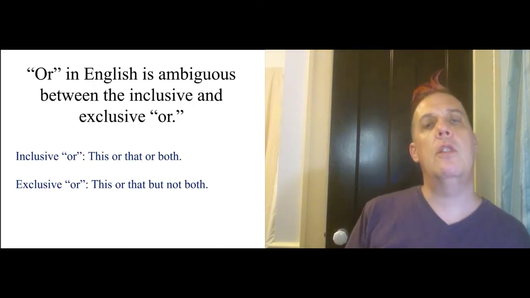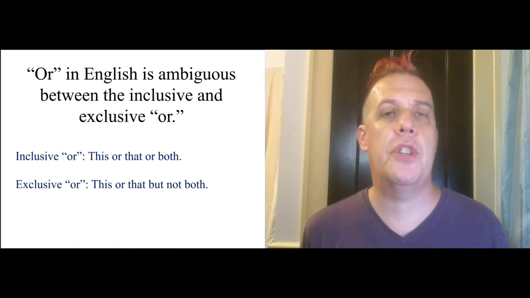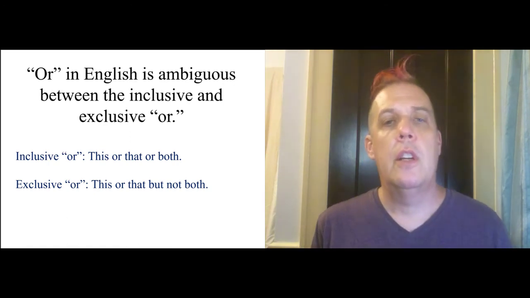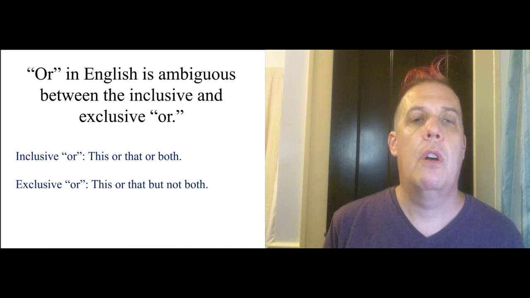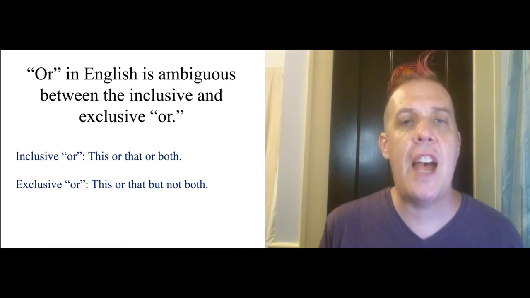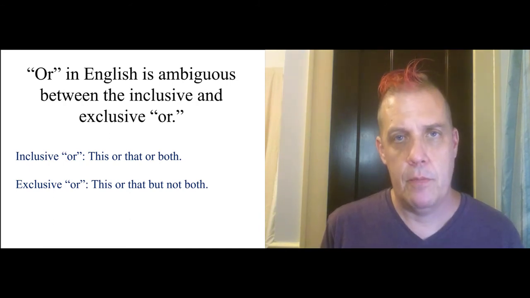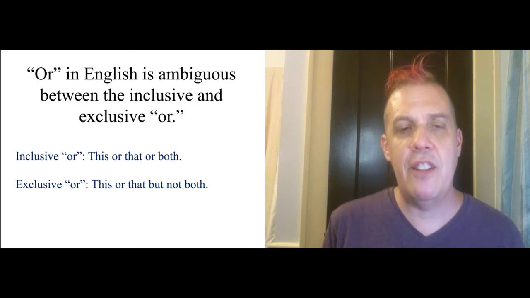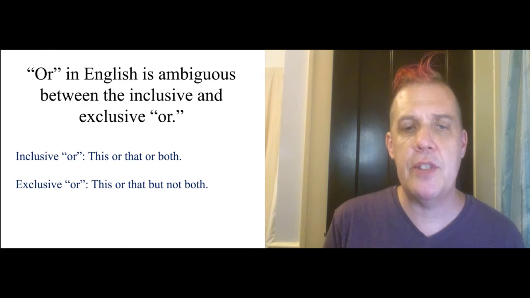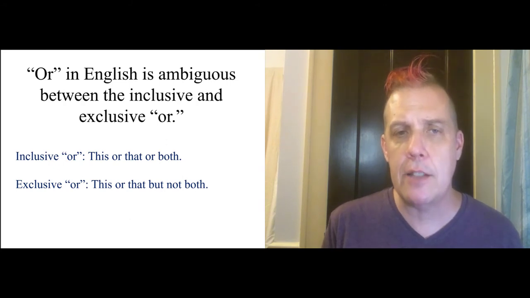An important thing to note about the or, the disjunction in our language. In ordinary English, the word or is actually ambiguous. It could mean this or that or both, or sometimes it means this or that, but not both.